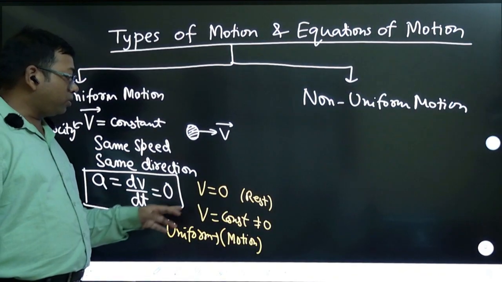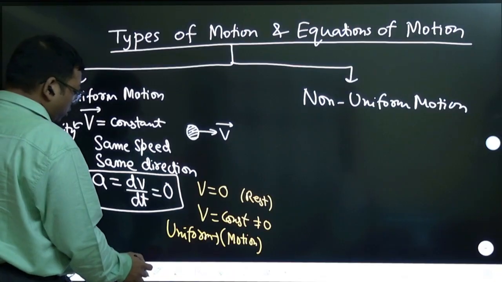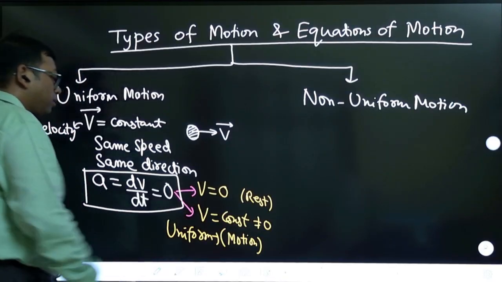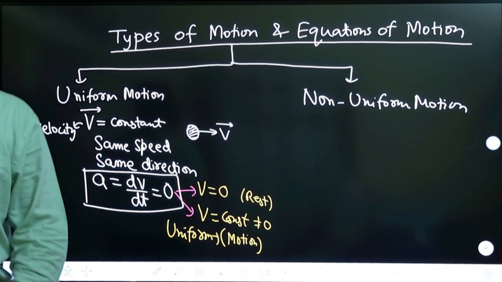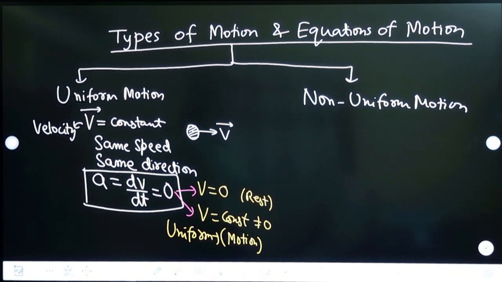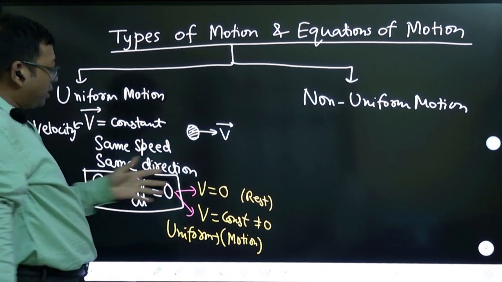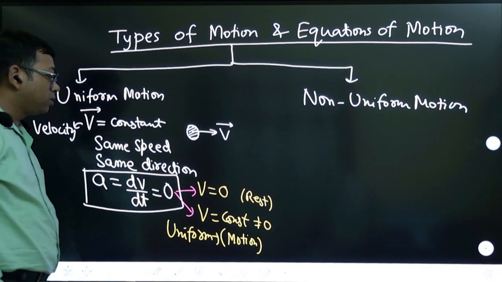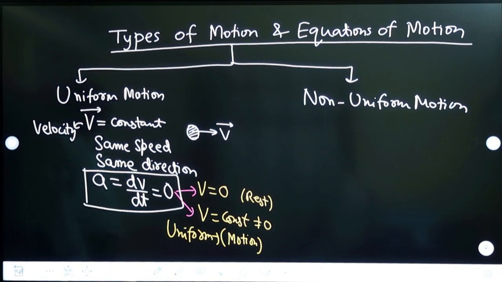In both cases, acceleration is 0, because 0 is also a constant. So whenever they say acceleration 0, it can mean either rest or uniform motion.